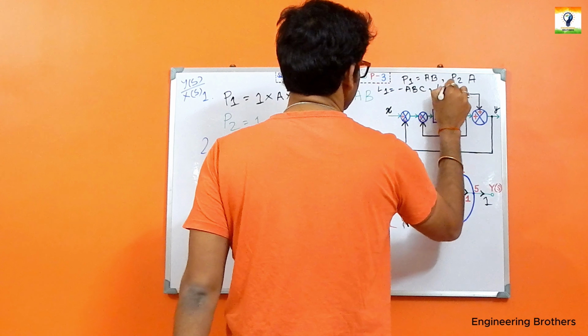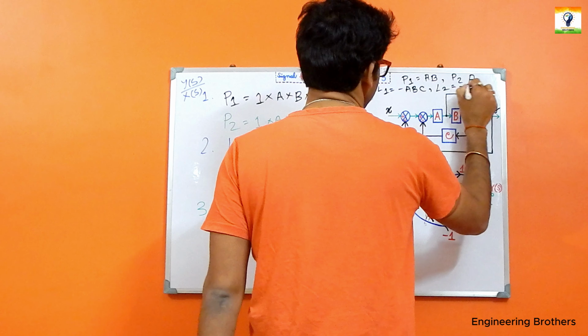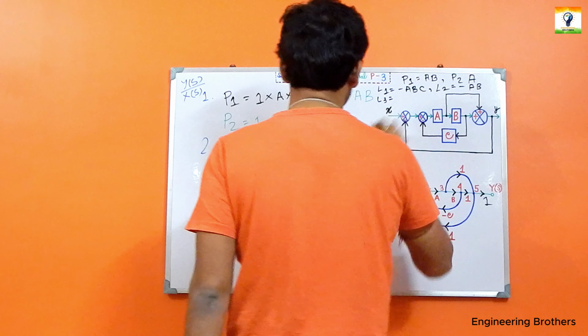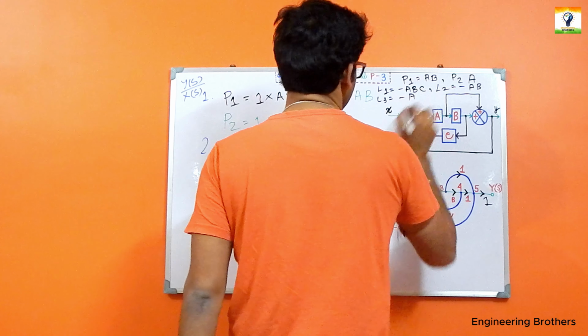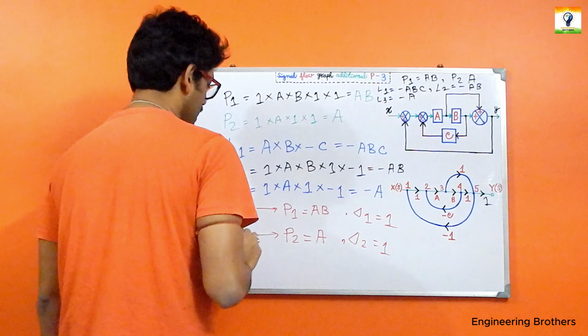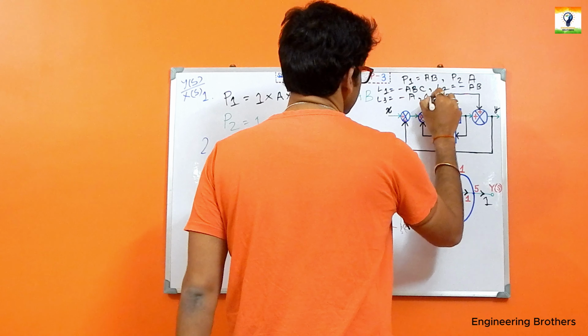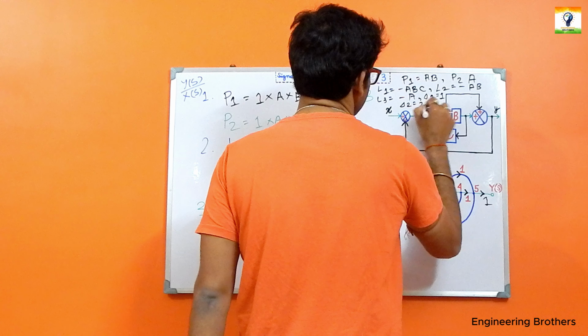For L2, the next loop, the gain is minus AB, and for the next loop we have minus A. Lastly, we have the values for delta 1 and delta 2. In this case, the delta 1 value will be 1 and the delta 2 value will be 1.